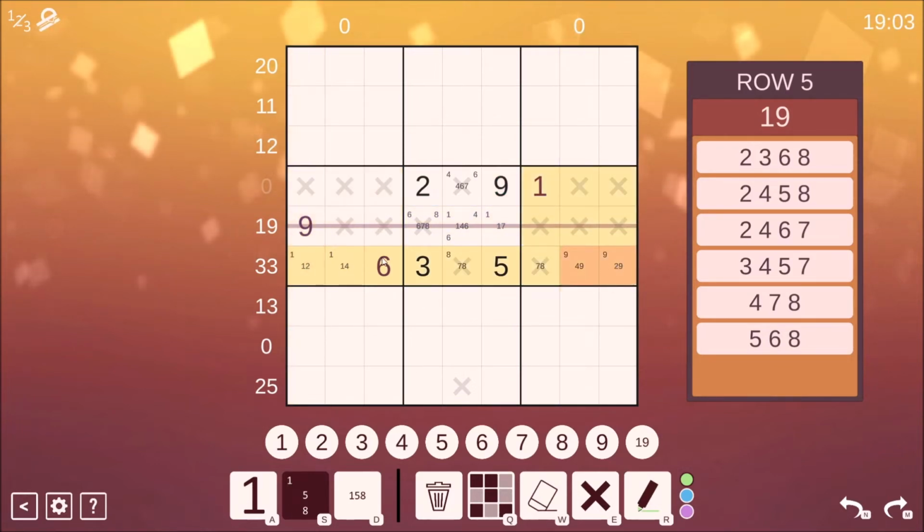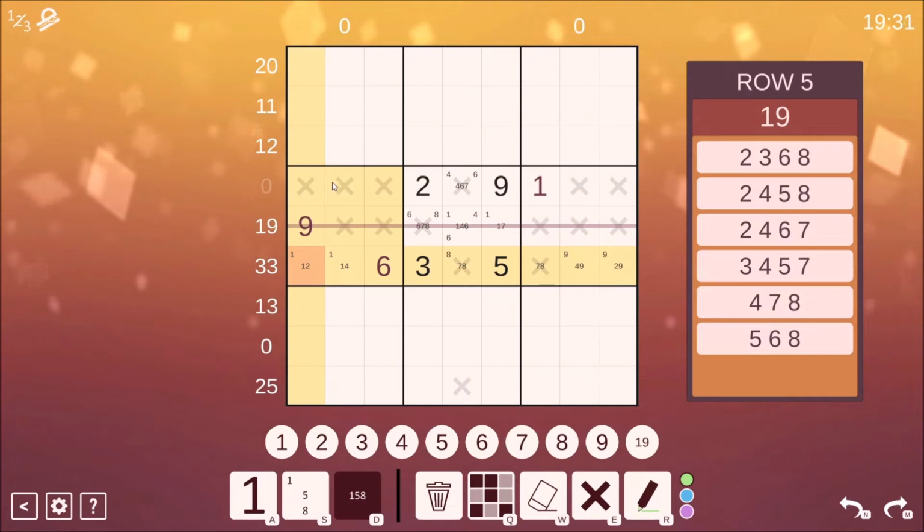I should have noticed this earlier, but it's been a while since I've done the non-consecutive rule, so I'm a little bit rusty on some of the things that it introduces. But down here, we have to have a 1 in one of these two positions. So, because of that, we cannot have a 2 in any of these two spots, because it would block out the 1.